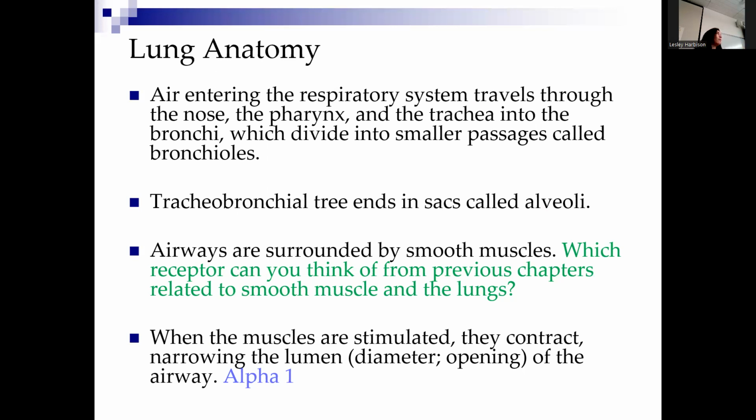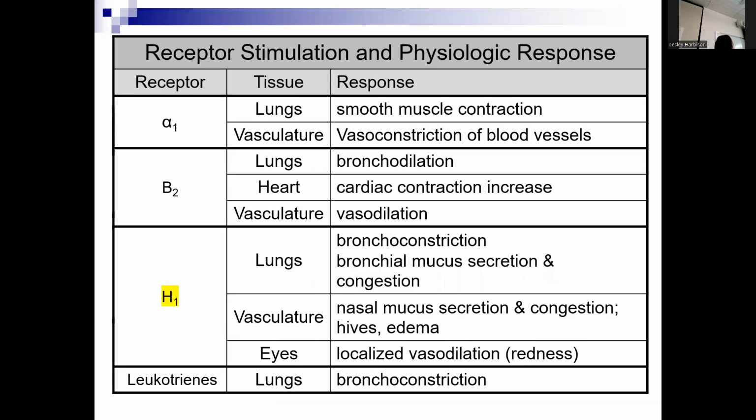You can think of that with alpha 1 because that's constricting. I don't know about nerves because I don't think that we covered that, but you can think of receptors, the receptors on the neurons. If it's a beta 2, it has a bronchodilating effect, but if it's alpha-1, it's smooth muscle contraction.